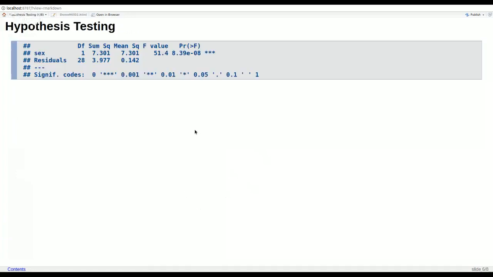So next I want to show a hypothesis test, and here I've got an F test. It's an ANOVA, but it's just like a t-test, and the F test is comparing sexes, males and females, on Y1.